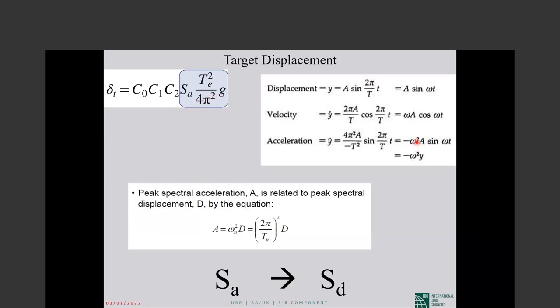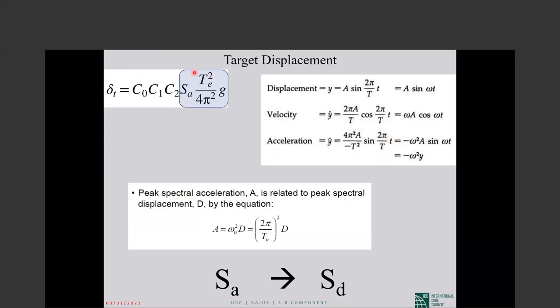You had the acceleration, and you divided the acceleration by omega squared. And omega squared is (2 pi/T) squared, which is 4 pi squared over T squared.